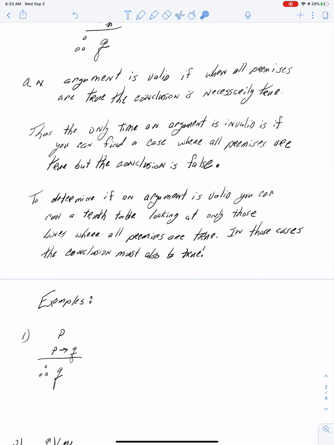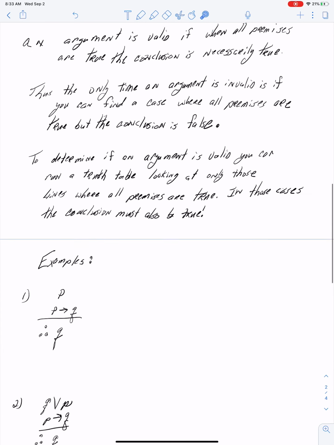So the only time an argument is invalid is if you can find a case where all the premises are true, but the conclusion is false. If you cannot find such a case, then the argument is valid.